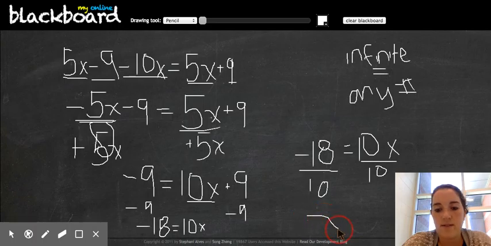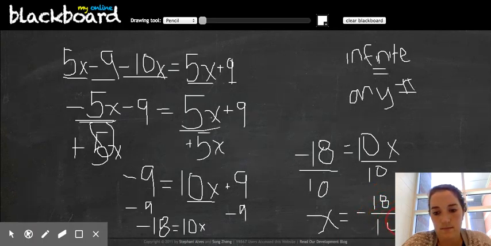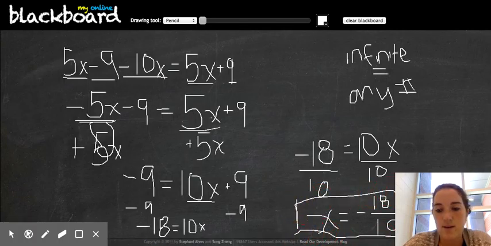And I'm just going to leave it in this form: x equals negative 18 over 10. Is this one solution, no solution, or infinite solutions? I have x equals one answer. It means that x can only ever equal this one answer. So the answer is one solution.